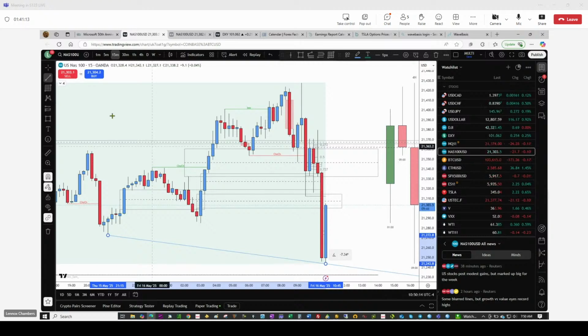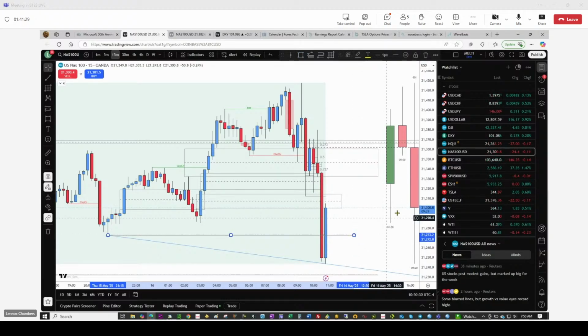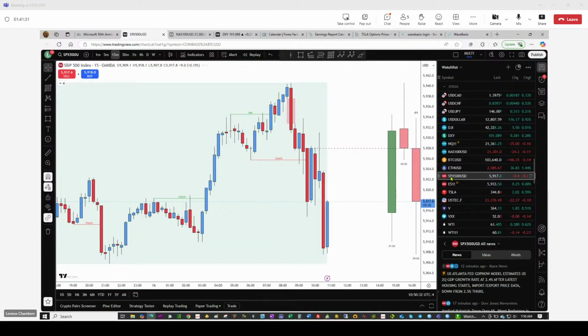Or sorry, NASDAQ took out that low at this point there. S&P did not do that. Or am I wrong here? Let's see. Yes, that's correct. S&P did not take that low. So we have divergence.